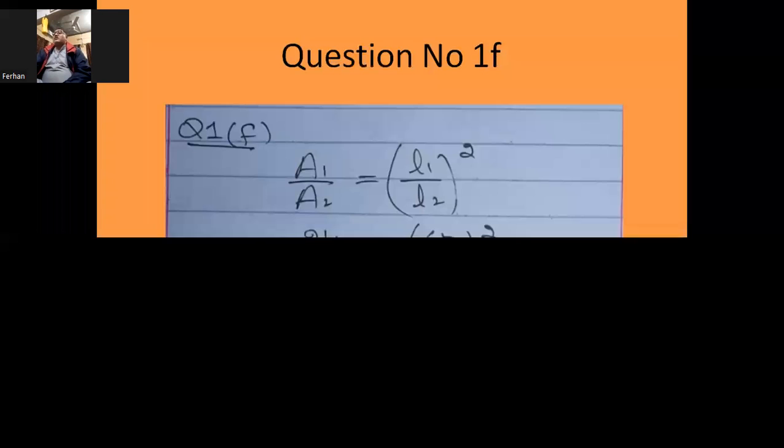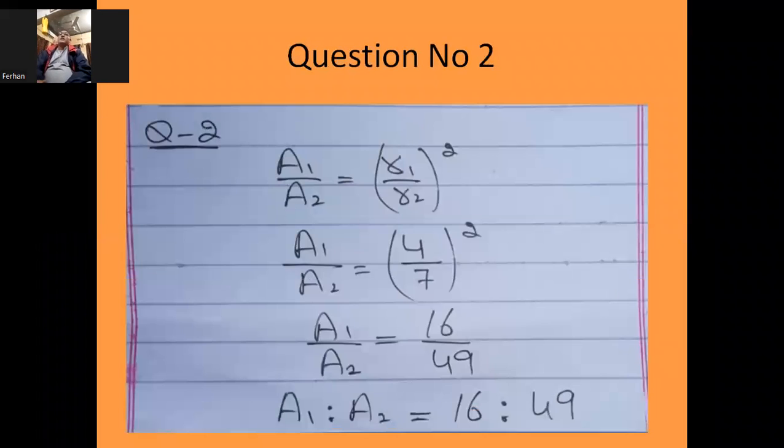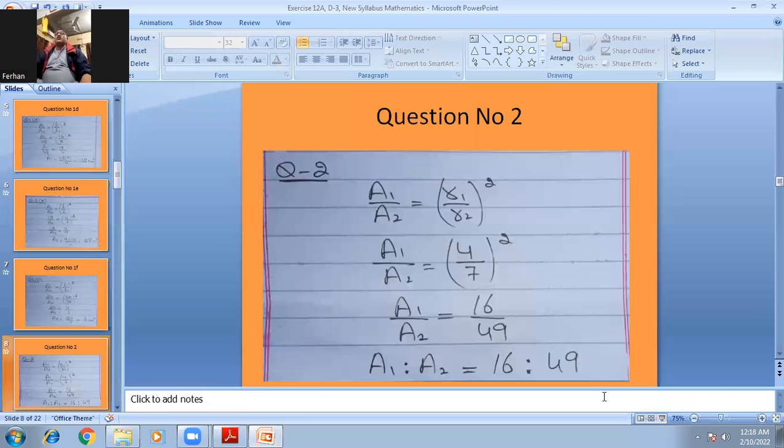So let me show you. Area 1 by area 2 will be equal to 4 by 7 whole square, so area 1 by area 2 will be equal to 16 by 49. So area 1 ratio area 2 will be 16 ratio 49. So that is how you do question number 2.